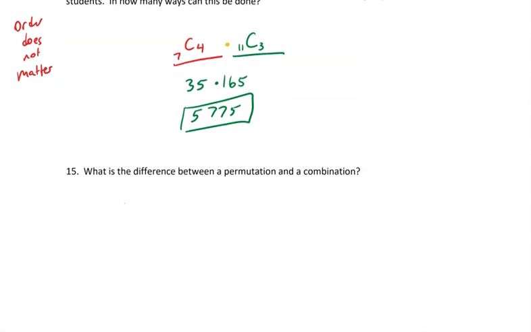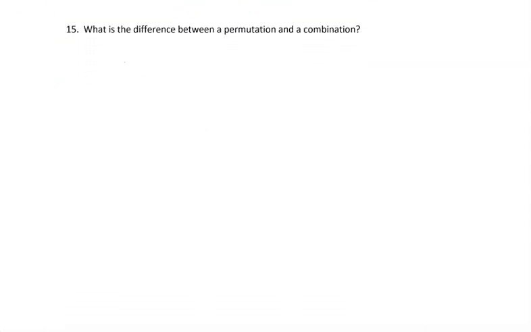All right, last question, and hopefully this is a nice and easy one at this point. What is the difference between a permutation and a combination? For a permutation, order matters.